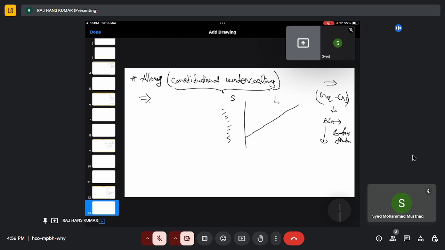Let's say this is my solid and this is my liquid, and this is my thermal gradient in liquid. There is no diffusion in solid. So let's take this as our condition. And this is my liquid. Okay.